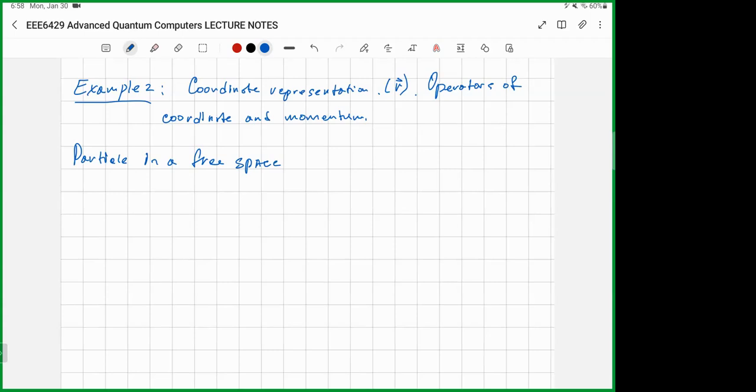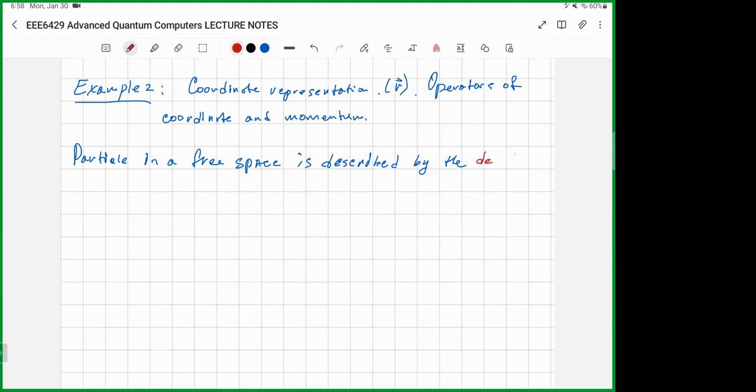So the particle in free space is described by the de Broglie wave function. Let me write this in red.